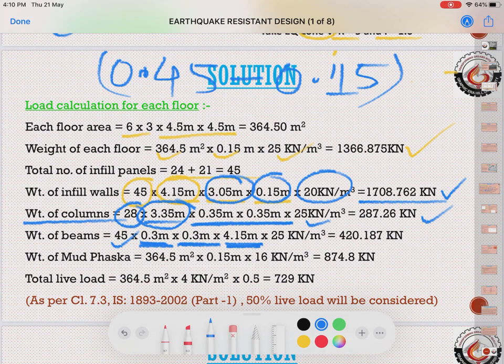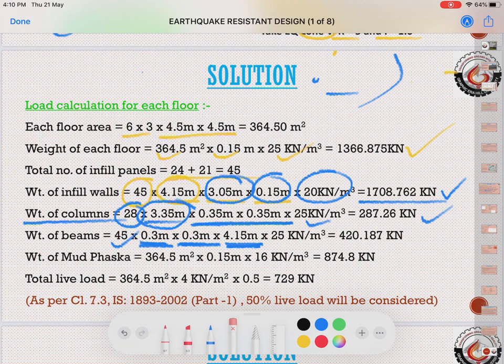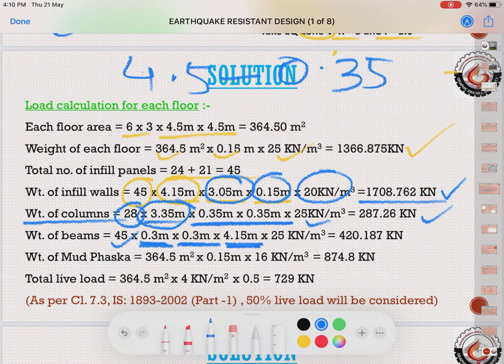This is thickness into depth, and this is the length of the beams. Why 4.15 meter? Again the same technique: the length was actually 4.5 meter, but we reduce the 0.35 meter of the column, so you get 4.15. Multiplied by the unit density of concrete, you get the total self weight of beams.